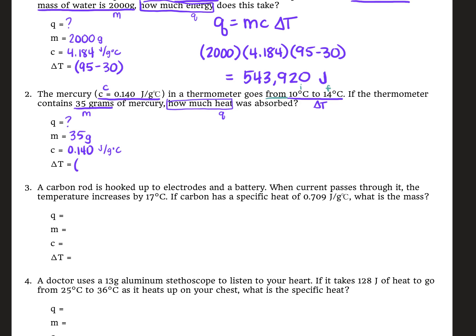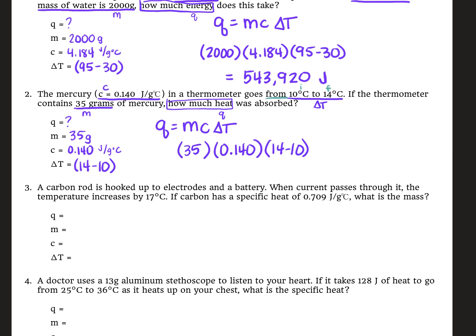So delta T is 14 minus 10. We will use Q equals MC delta T. So the mass is 35. C is 0.140. And delta T is 14 minus 10.